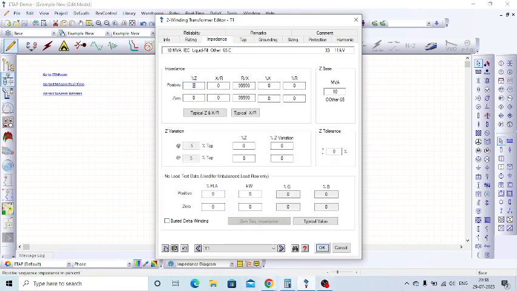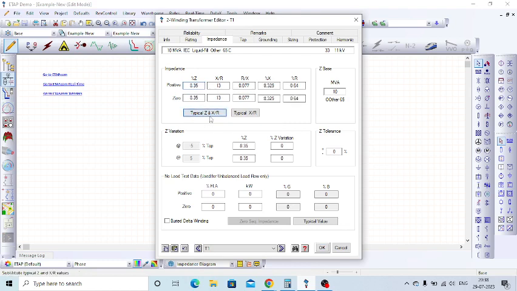Okay. And in the impedance page we have two impedances, the positive sequence and zero sequence. So we have to enter the percentage impedance for the positive sequence and negative sequence. This will be based on the transformer manufacturer data. Some typical values are available in the ETAP library that we can use for the time being for learning purposes.